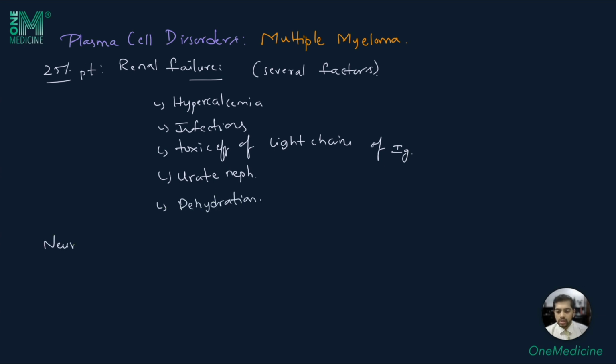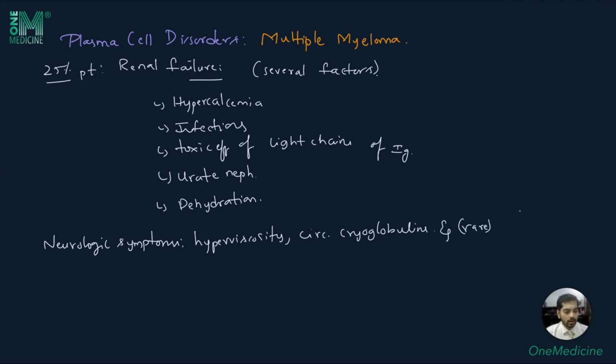There can be neurologic symptoms which result due to hyperviscosity, circulating cryoglobulins, and rarely amyloid deposition within the nerves. About 80% of the patients develop anemia.